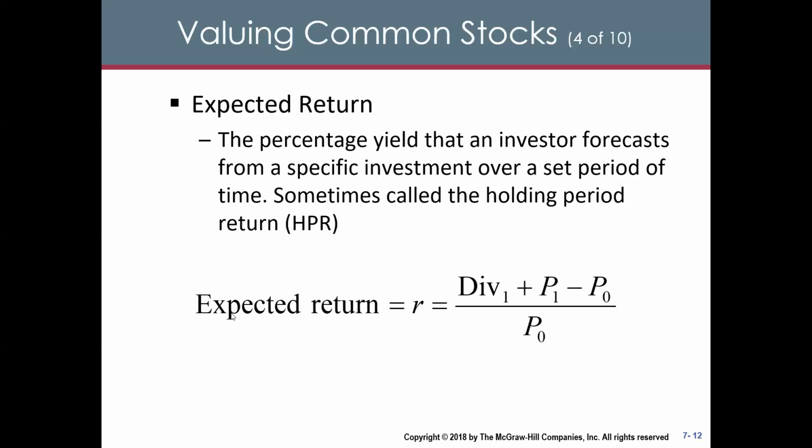The expected return is the cash flow you receive in year 1 minus the price you pay to purchase the stock, divided by the purchasing price. So the expected return will be the dividend plus the price at the end of the year, minus the starting price, divided by the price you make the purchase at.